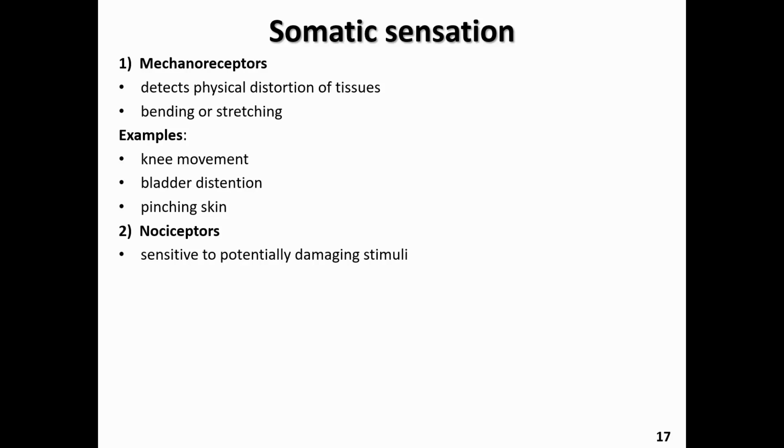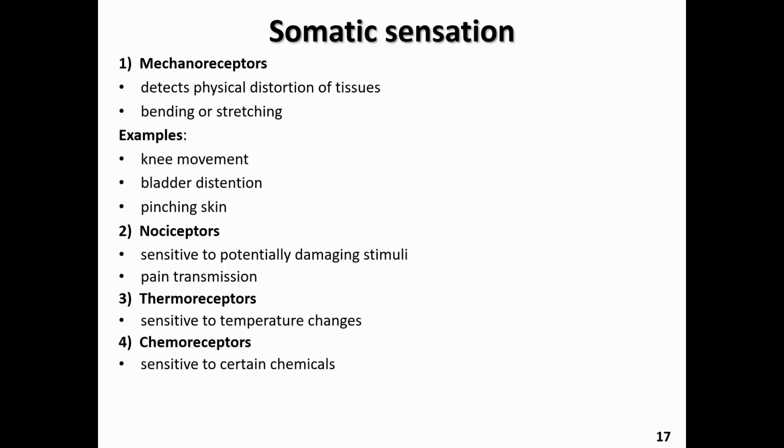Nociceptors are specifically designed to discharge with potentially damaging stimuli to tissues. And nociceptors are the neural receptors, the sensory receptors that are involved in pain transmission. Thermoreceptors are sensitive to temperature changes.